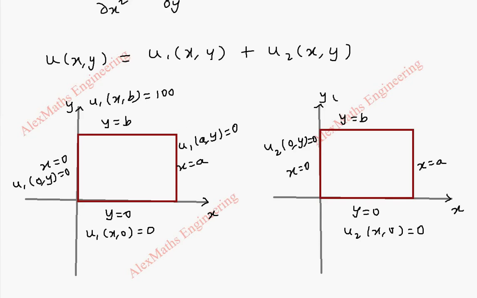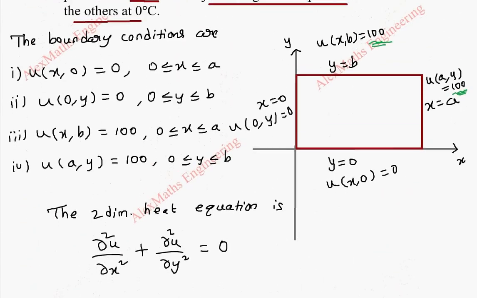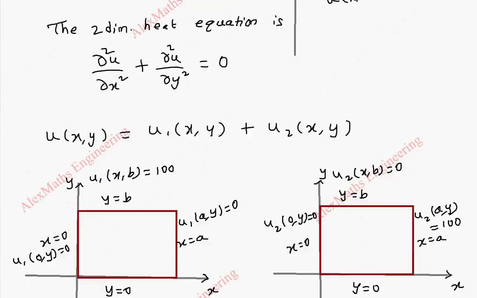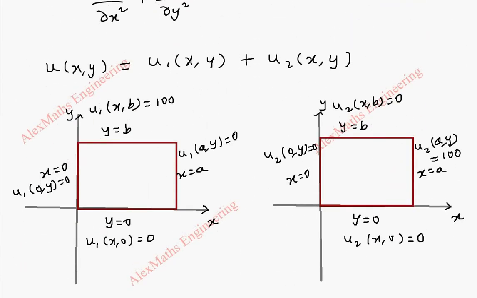But for u2, u2 of x comma b we take as 0, and u2 of a comma y we take as 100. So what we have done is, in the two adjacent sides we place only 100 on one side and the other is 0, and in the other plate we take 100 on the other side and the first one as 0.